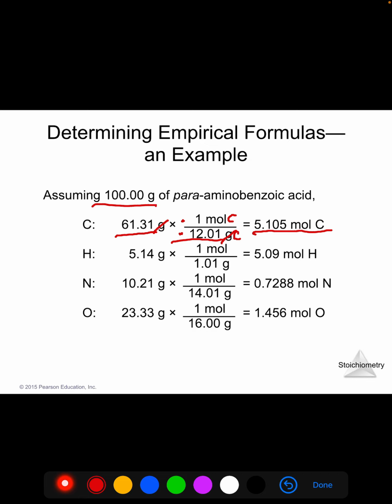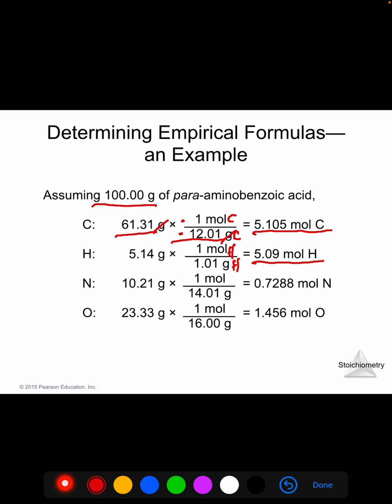We do it again for hydrogen. 5 grams of hydrogen, if you look in the periodic table, you'll see that 1 mole of hydrogen has an average atomic mass of 1.01 grams. So if I have 5 grams of hydrogen, and 1 mole weighs 1.01 grams, that means I have 5 moles of hydrogen.